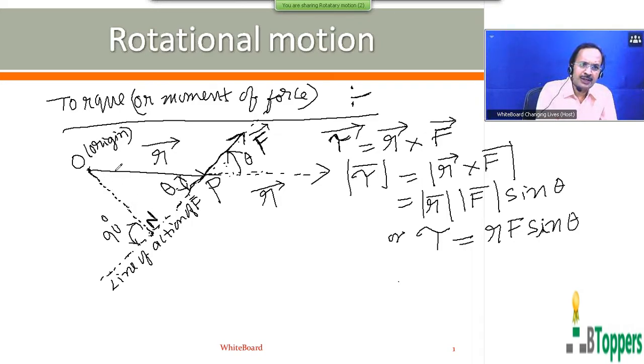So the length of the line ON gives you the perpendicular distance between the origin O and the line of action of the force F bar. It is denoted by the letter R with subscript perpendicular.